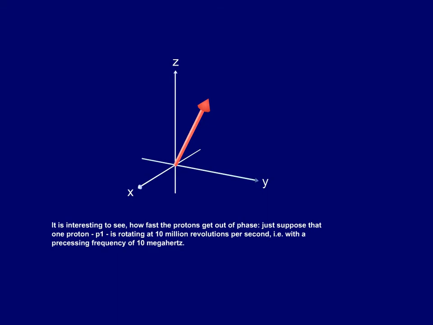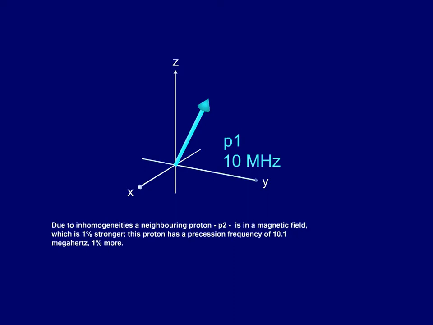Just suppose that one proton, P1, is rotating at 10 million revolutions per second. In other words, with a precessing frequency of 10 megahertz. Due to inhomogeneities, a neighbouring proton, P2, is in a magnetic field which is 1% stronger. This proton has a precession frequency of 10.1 megahertz, 1% more.